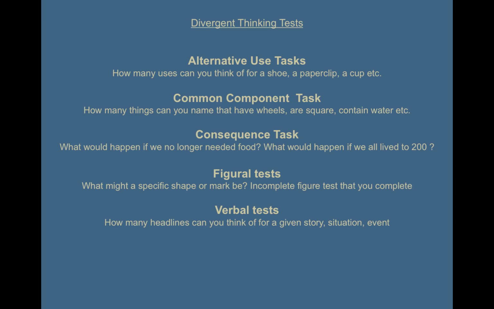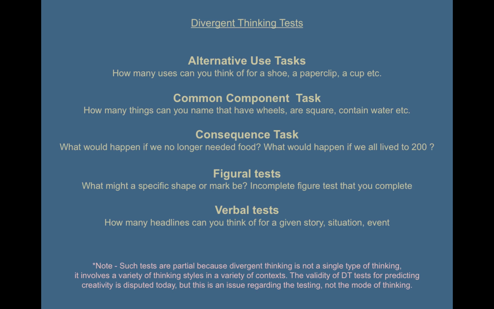But the problem with divergent thinking tests is that over time they have been studied and meta-studied, and the correlation and the validity of such divergent thinking tests for predicting creativity is not always as clear as one might hope. But this is an issue more about the testing and how the testing is done and what it's testing than the particular mode of thinking.